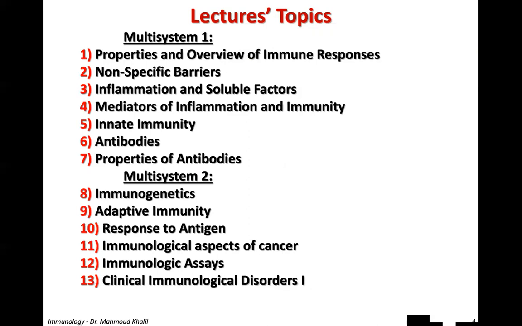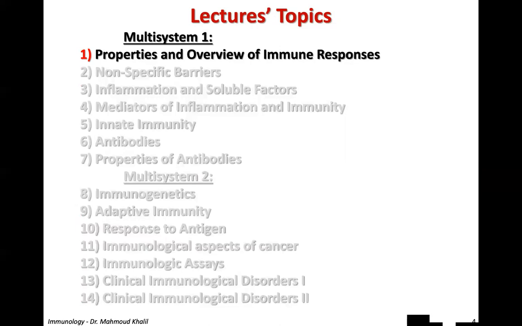Then we'll see some clinical immunological disorders divided over 2 lectures, and we conclude with the second part of the clinical immunological disorders. So these are the 14 topics we will deal with in immunology. So let's start the first topic, which is properties and overview of the immune response.